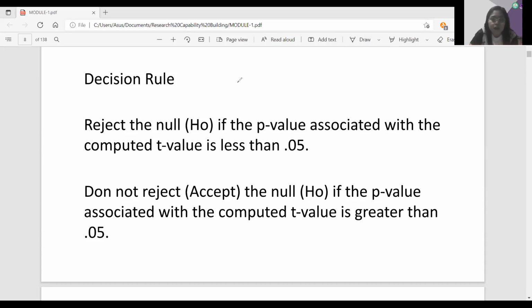Ano daw ibig sabihin nun? When we are going to use the software, it will give us the p-value. And what are you going to do? If the p-value is less than 0.05, your decision is you have to reject the null hypothesis.